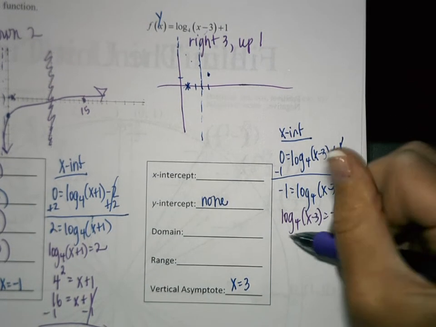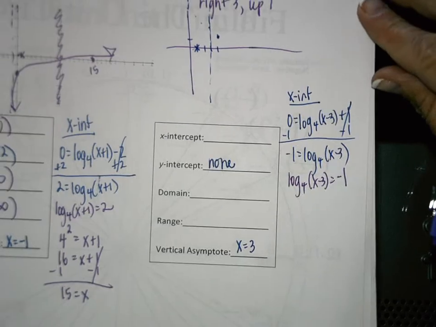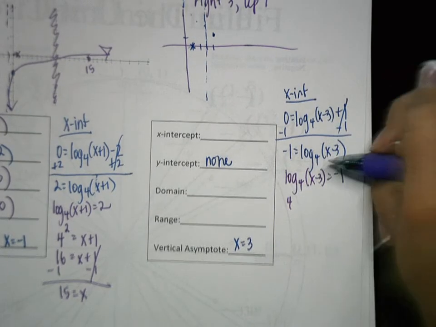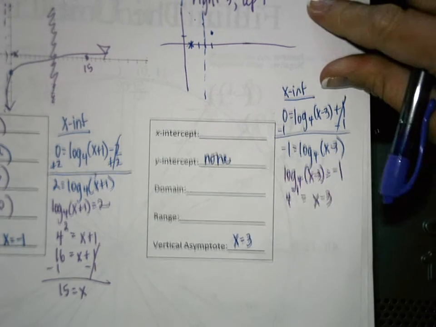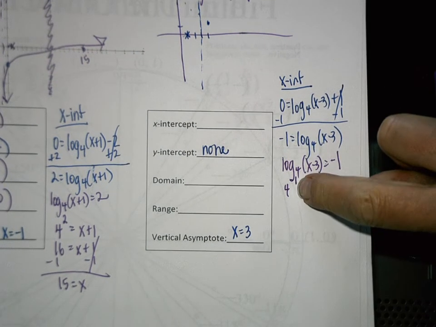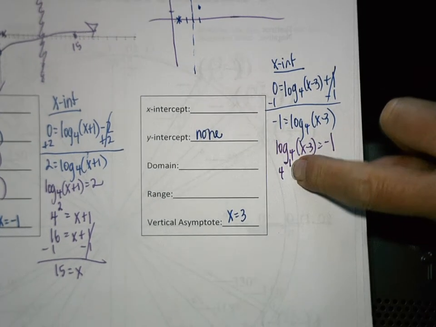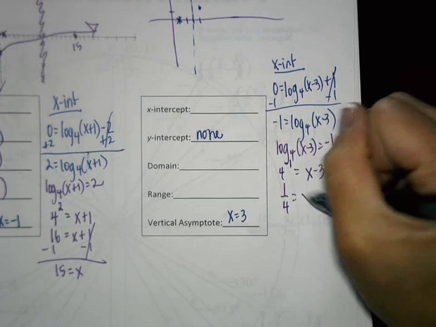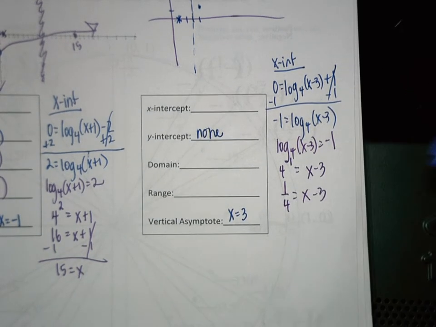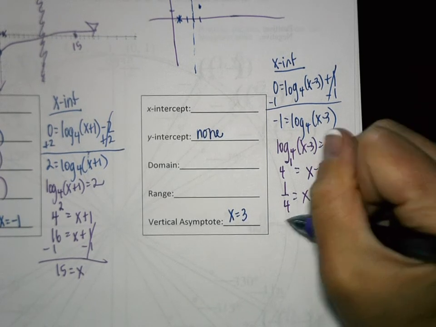And then we're going to change this to exponential form. So this is going to be 4 to the -1 power equals x minus 3. When we have a negative exponent, this becomes a fraction, and so 4 to the -1 is actually 1/4 equals x minus 3. To get x by itself, we're going to add 3 to both sides.